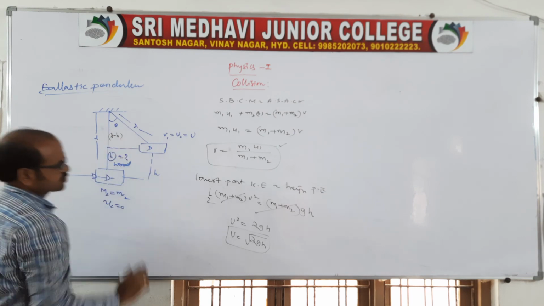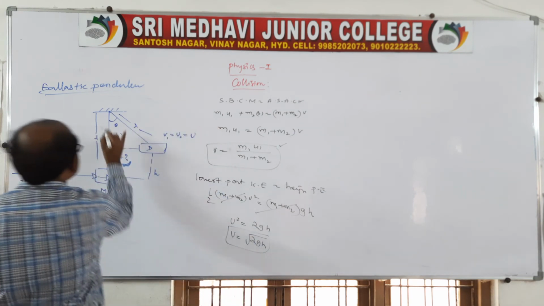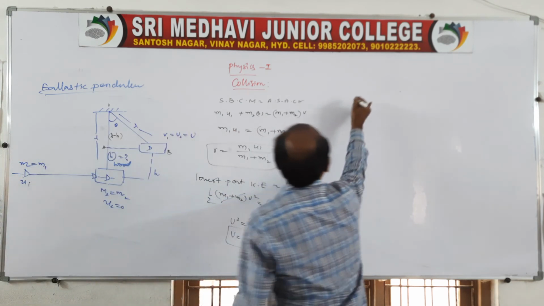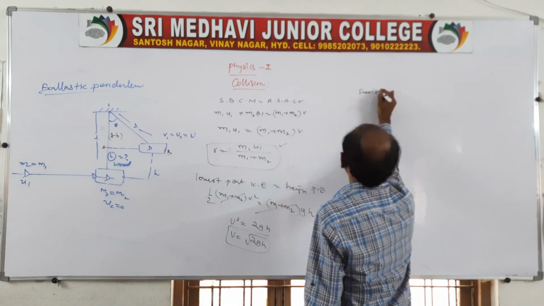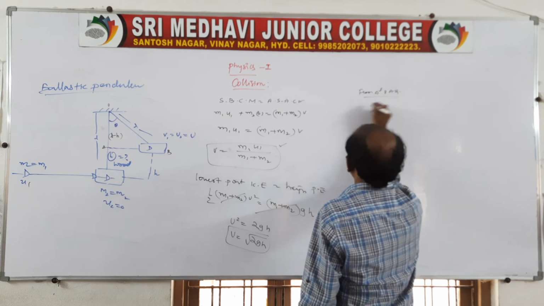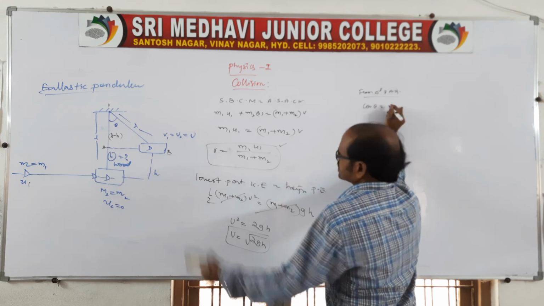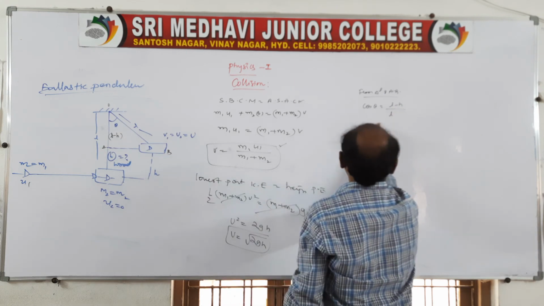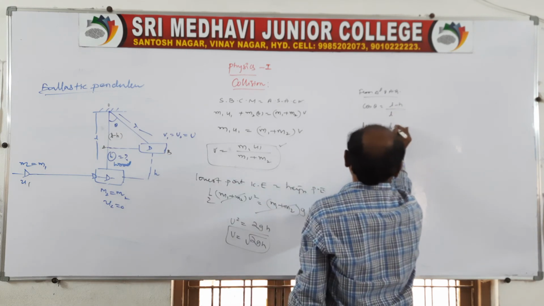By using the triangle OAB, cos theta is the adjacent side, L minus h, by the hypotenuse L. So L cos theta is equal to L minus h.